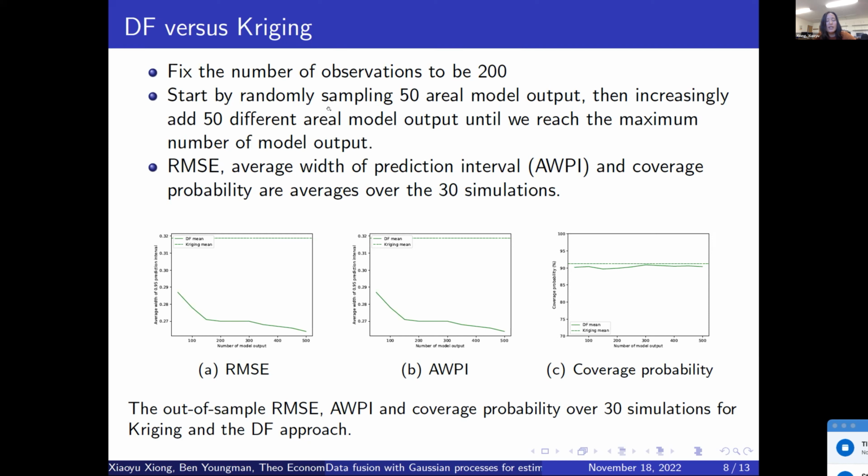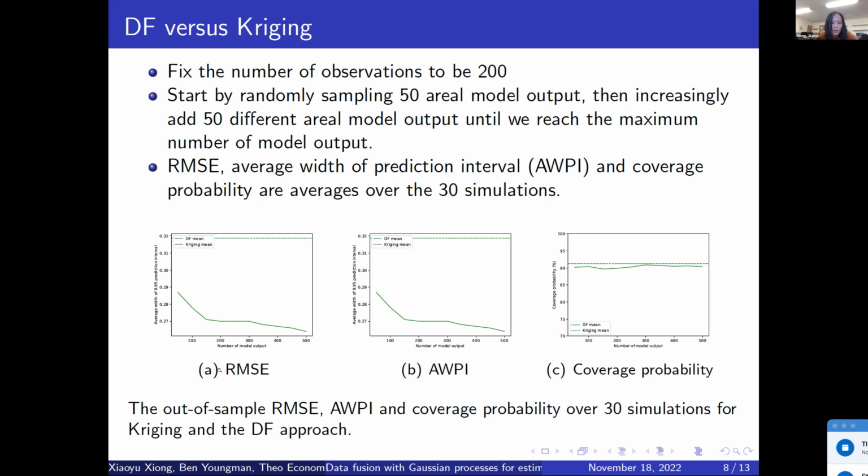We start by randomly sampling 50 area model outputs, then increase by 50 different area model outputs until we reach the maximum number of model outputs, which is set to 500 in this study for computational feasibility. Then we compared the root mean square error, the average width of the predicted interval, and the coverage probability for these two models over 30 simulations to represent 3 different windstorm events.